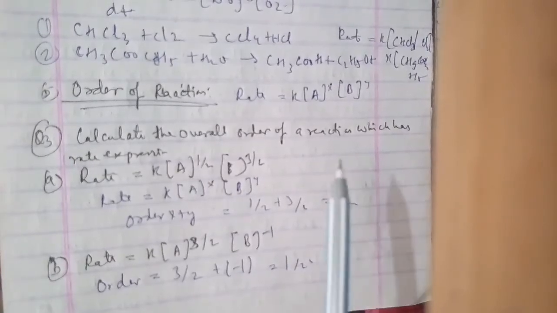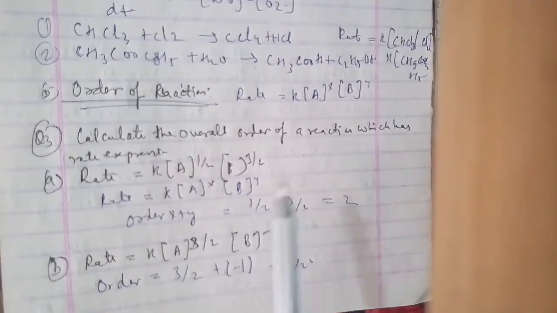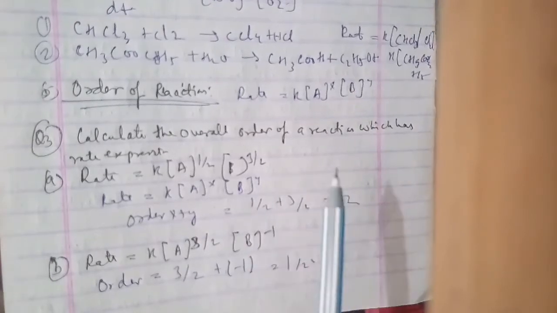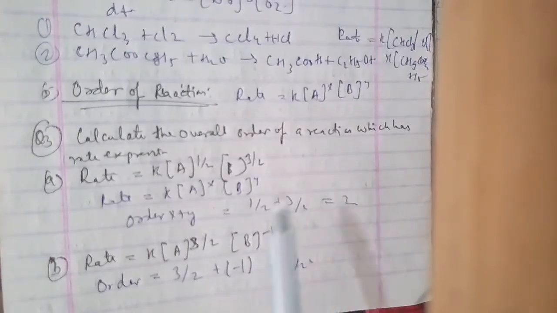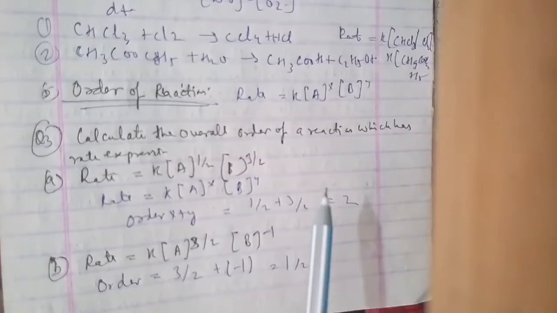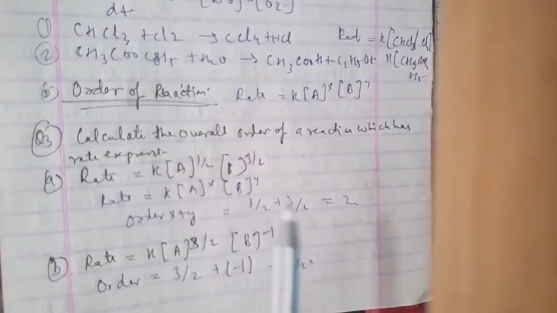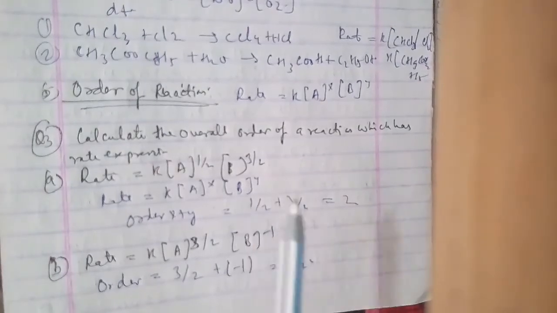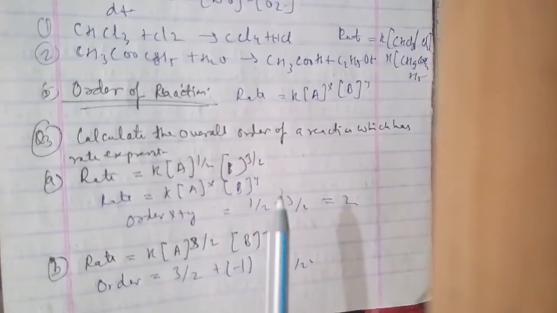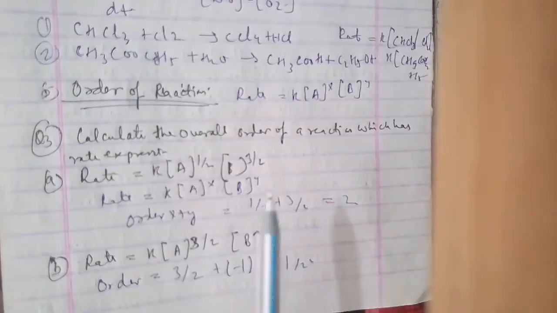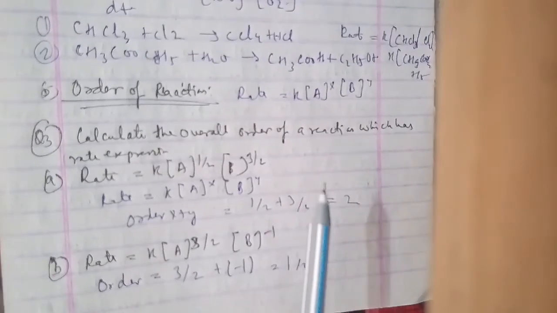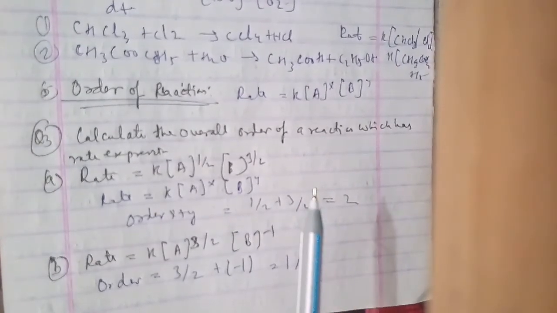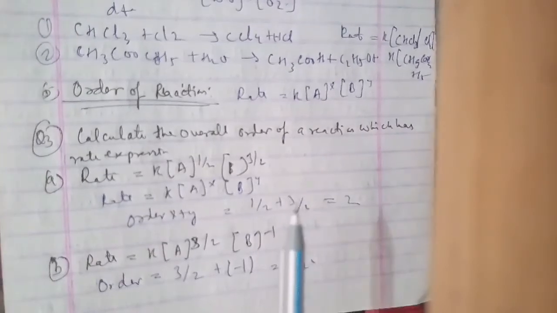Unit 6 is general principles and processes of isolation of elements, which covers occurrence of metals, concentration of ores, extraction of crude metal from the concentrated ore, thermodynamic principles of metallurgy, electrochemical principles of metallurgy, oxidation, reduction, refining, uses of aluminium, copper, zinc and iron. In the p-block elements, we have to discuss the group 15 elements: dinitrogen, ammonia, oxides of nitrogen, nitric acid, phosphorus, allotropic forms, phosphine, phosphorus halides, also oxoacids of phosphorus.